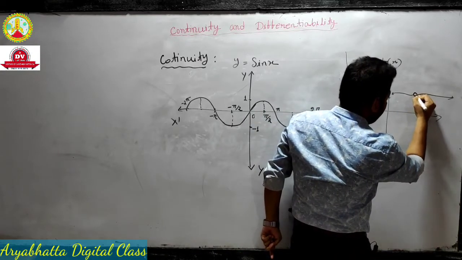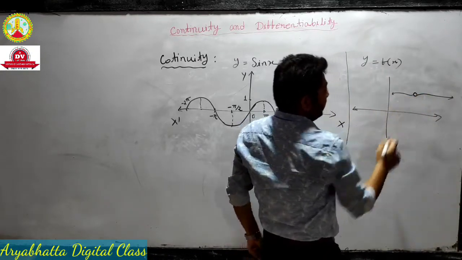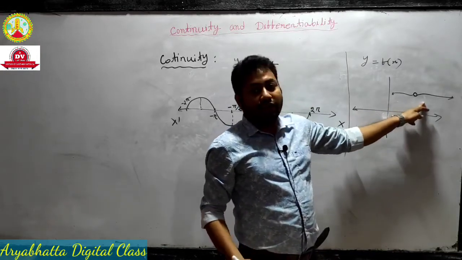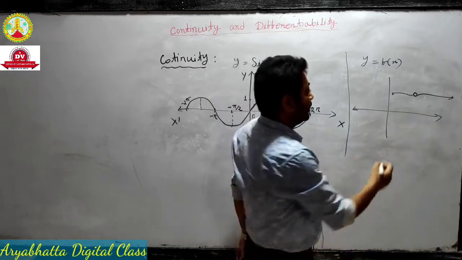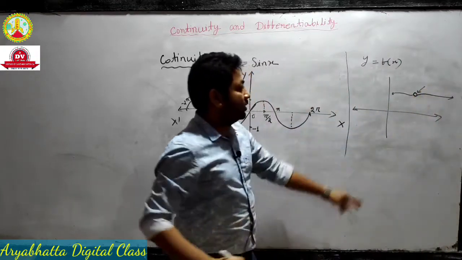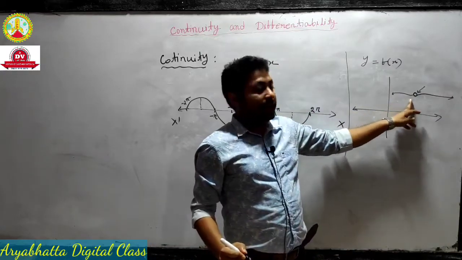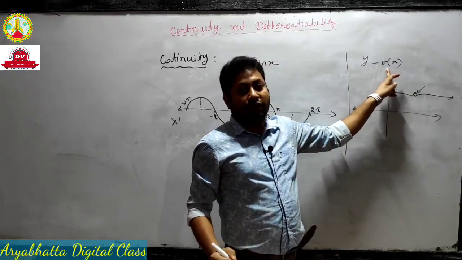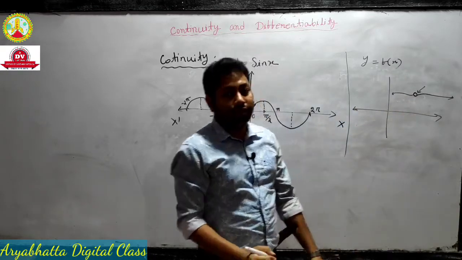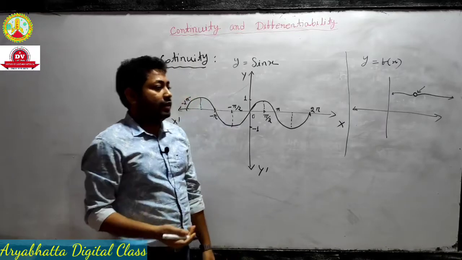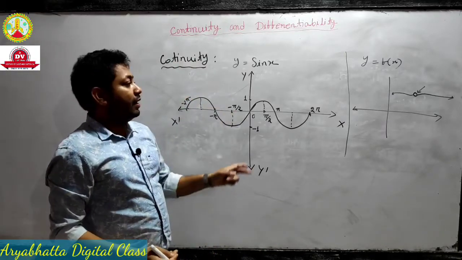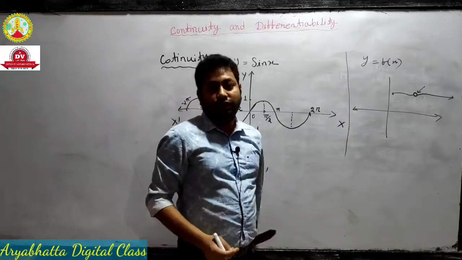The graph breaks at this point, therefore the function is called a discontinuous function, and this point is called the point of discontinuity. So if a graph does not break, the function is called a continuous function, and otherwise it is called a discontinuous function.